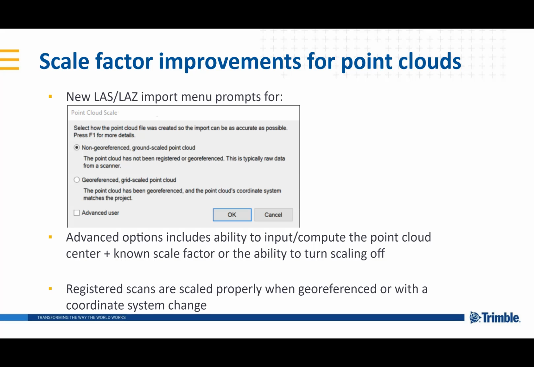This assures that registered scans are scaled properly when georeferenced or with a coordinate system change. If you deal with multiple sets of point clouds from different sources, this command will be very handy to assure that you don't have any scale issues and that everything matches up between those different point clouds, with no shifts or scale issues.